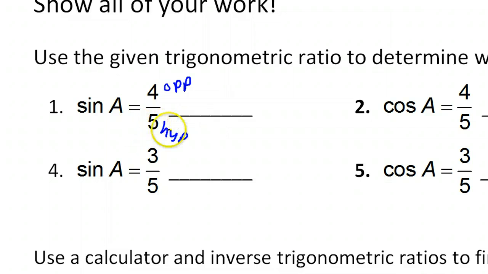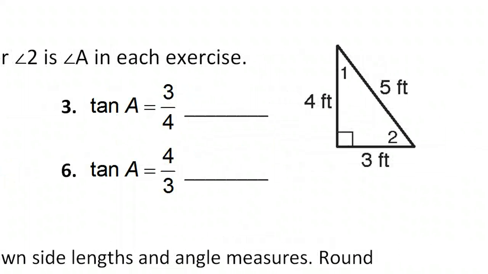Of course, the hypotenuse is the hypotenuse, so really focus on this part right here. 4 has to be the opposite leg, the leg that's away from angle A. So looking at this little picture right here, if 4 is the opposite leg, then we must be talking about angle 2, because 4 is opposite of angle 2.